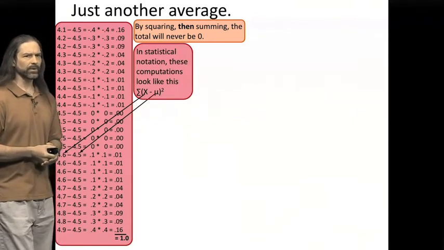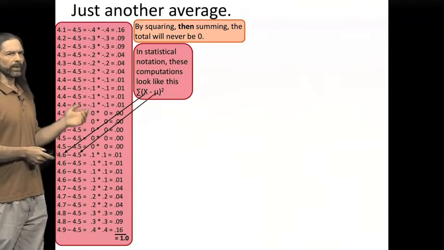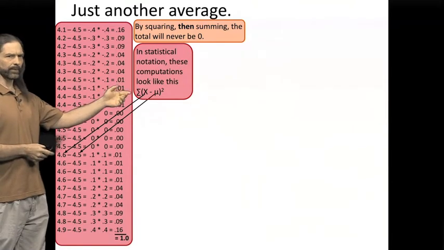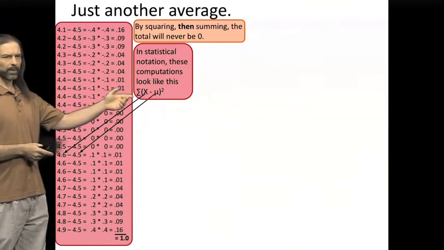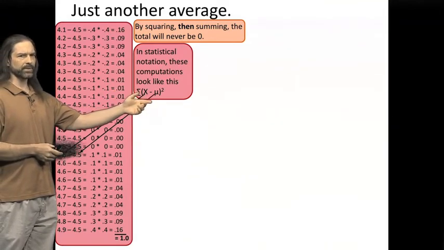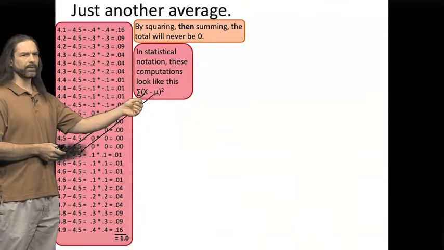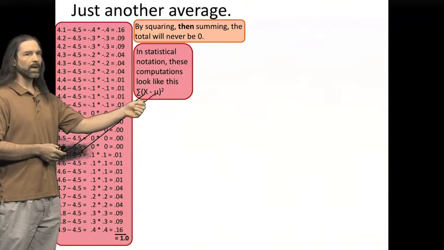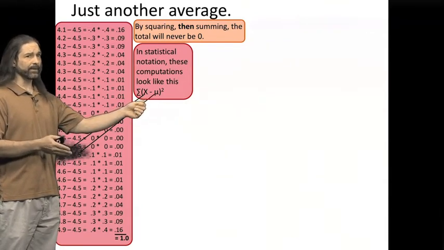In statistical notation, how does that look? We have that sigma symbol again. Remember the Greek sigma, capital sigma, that means sum up. But remember, your order of operations, you need to do what's in the parentheses first. So what this is asking me to do is take every x value, the actual fly that I measured.